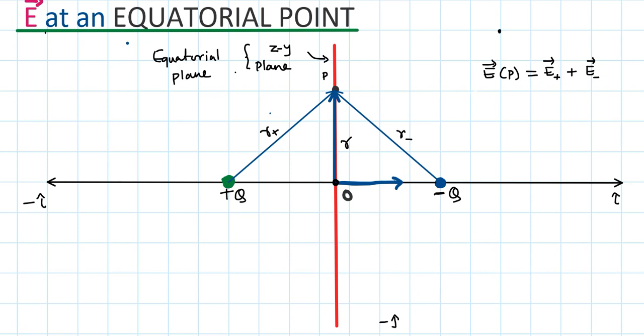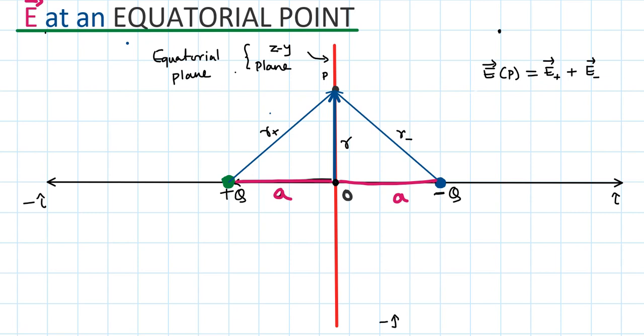One thing we already know about the system is that the distance of these charges was A. Let me get rid of this electric field for a short while. So this distance here is A and this distance over here is also A.